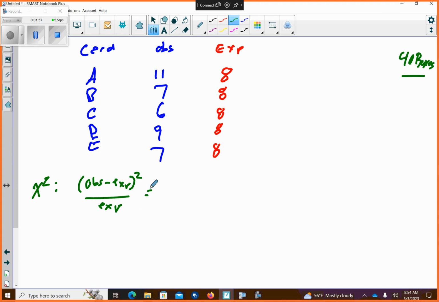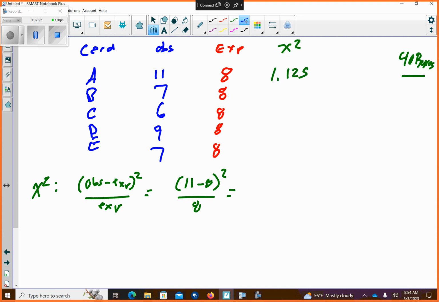So I observed 11, I expected 8, quantity squared divided by 8, which is going to give me 9 over 8. So this first one has a chi-squared of 1.125 if you do the math.